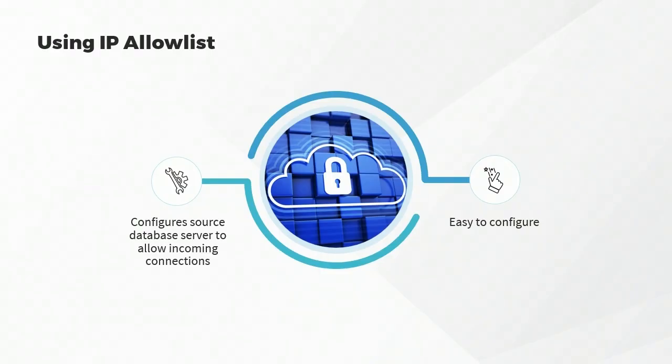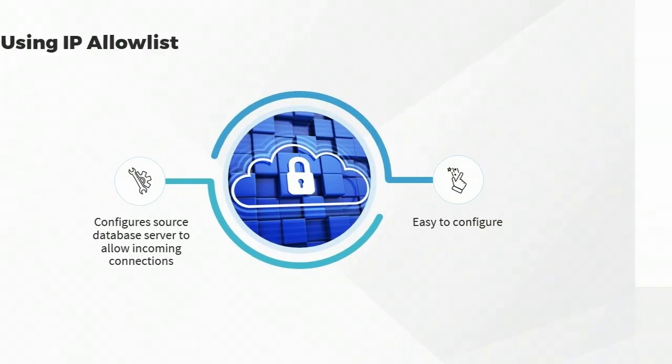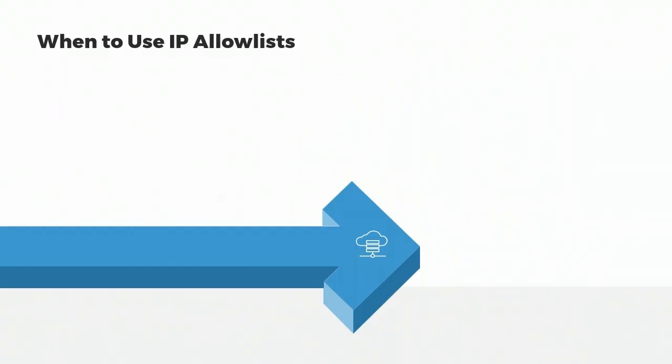This works by configuring the source database server to allow incoming connections from Datastream's public IP addresses. And you can determine what those IP addresses are on the details page of your database, but it's a bit of a problem there as well. So when would you use an IP allow list?